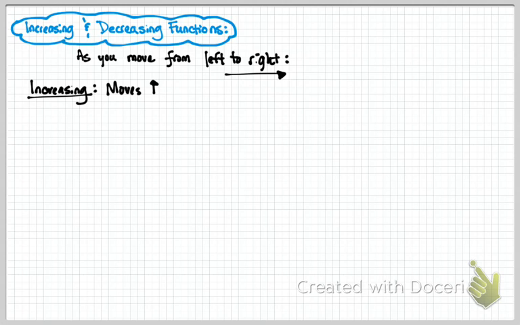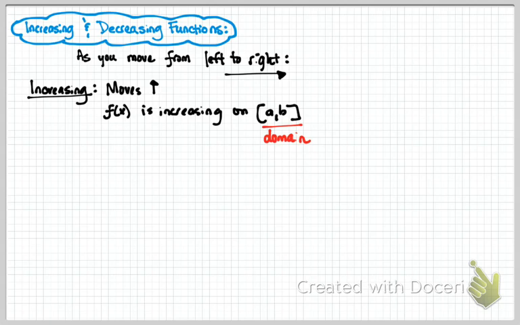Now, we developed a more formal definition. I'm going to write that for you so you have it. f of x is increasing, and now you understand the different parts of it, on the interval AB. What does AB represent? Your domain. So we'll translate that to our domain.